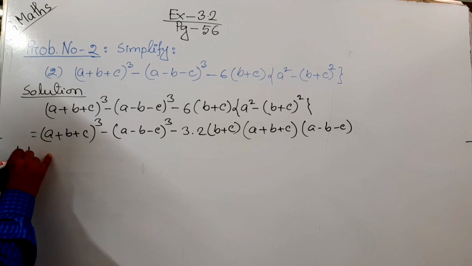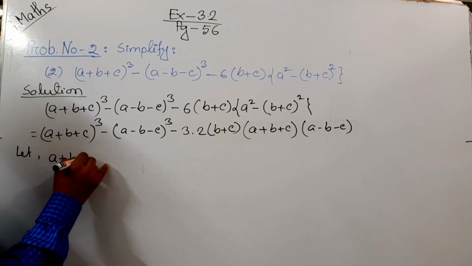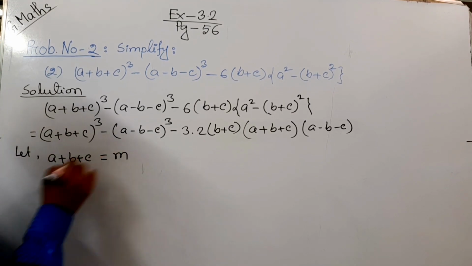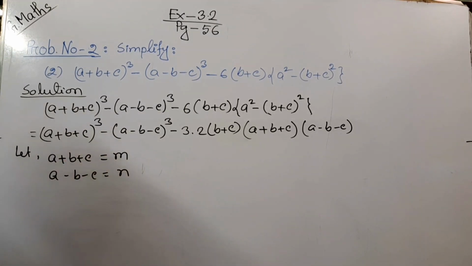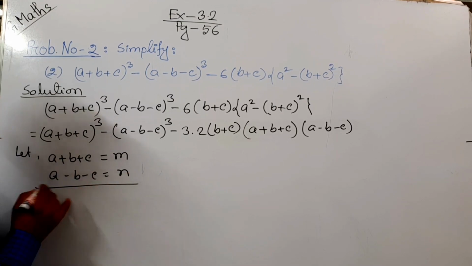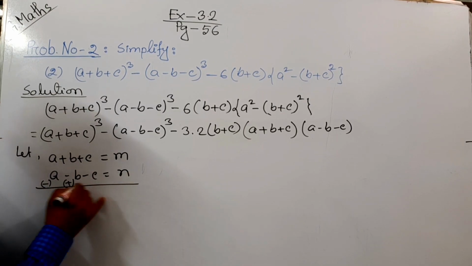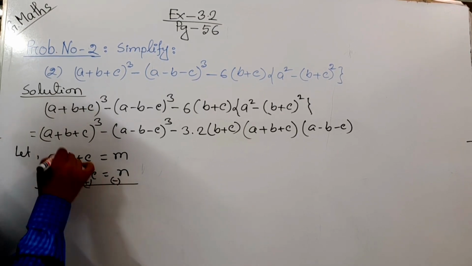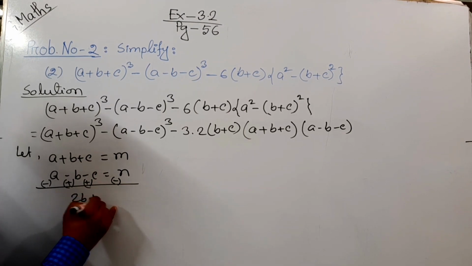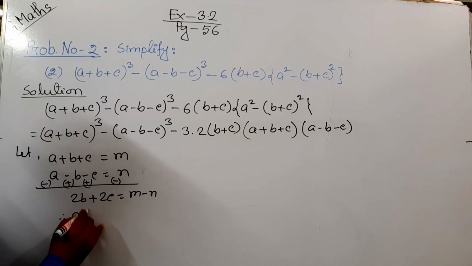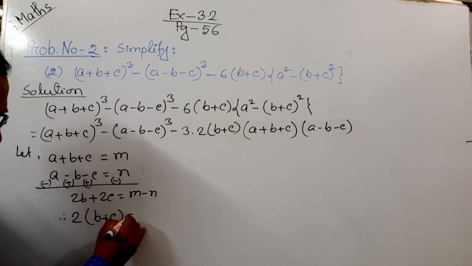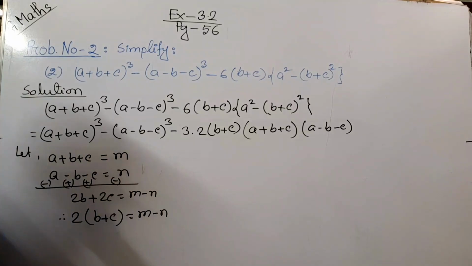Now let a plus b plus c equal to m, a minus b minus c equal to n. Now subtract these two equations, we will get 2b plus 2c equal to m minus n. Therefore 2(b plus c) equal to m minus n.